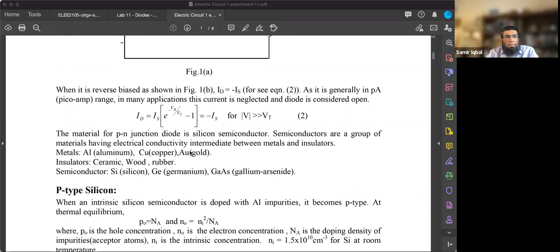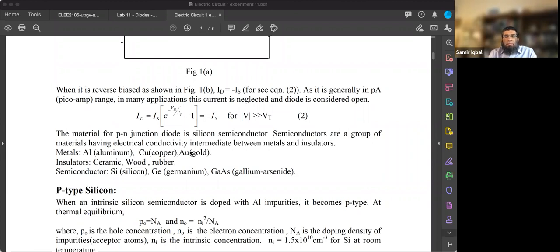We call these impurities dopants. There are different ways to do that. When we add them to pure silicon, and it's not just silicon, it is single crystalline silicon, same for germanium and other materials.